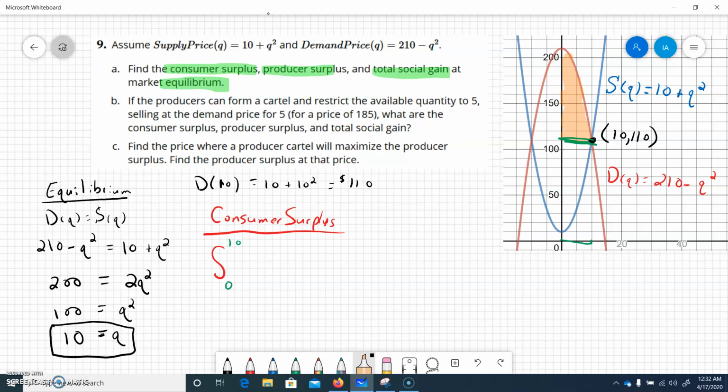They don't have to pay the max price they're willing to. So let's see. That was the demand curve, which is 210 minus q squared, and we would subtract off what's under there, which is 110. That's the price point, dq. So we can clean that up.